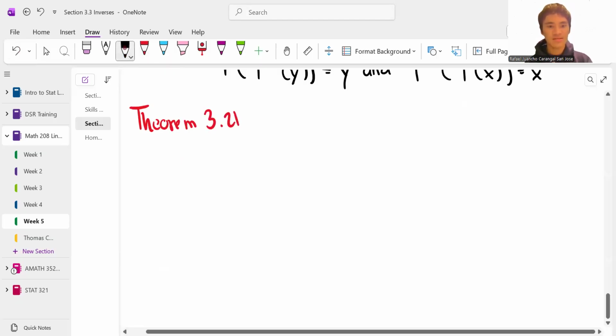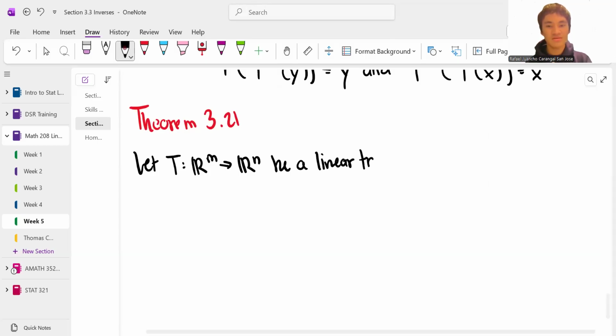It tells us that we let T be a map from Rᵐ to Rⁿ, and we already know it's a linear transformation. We're just trying to be mathematically precise about it.